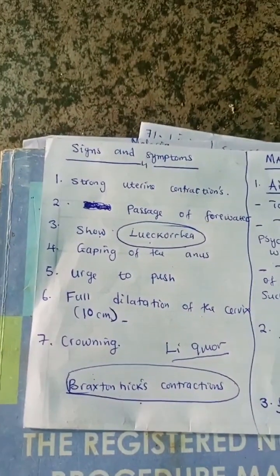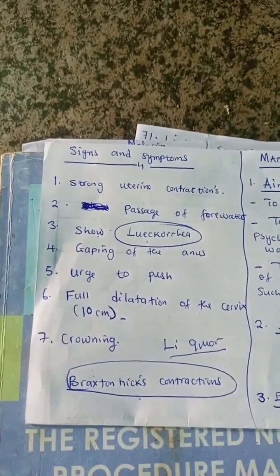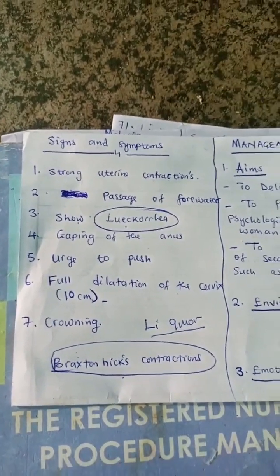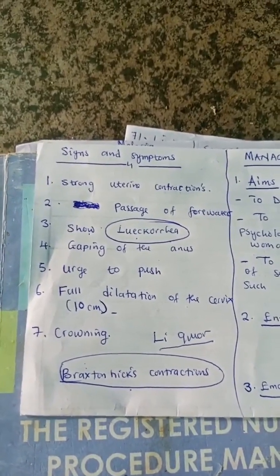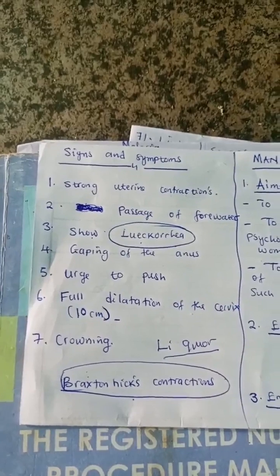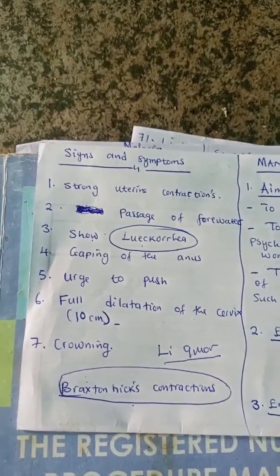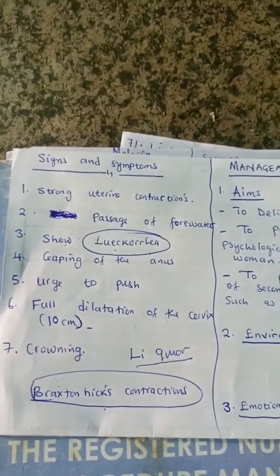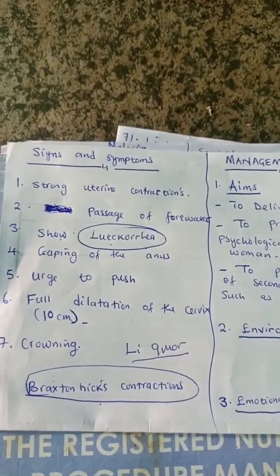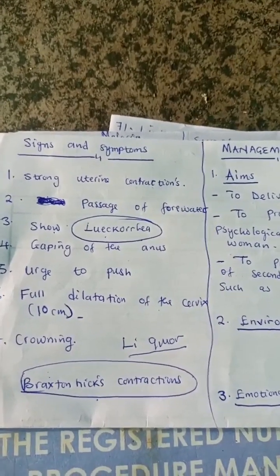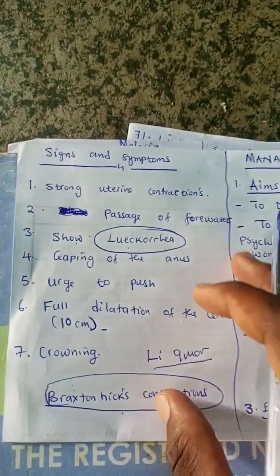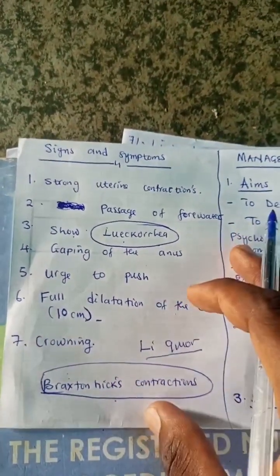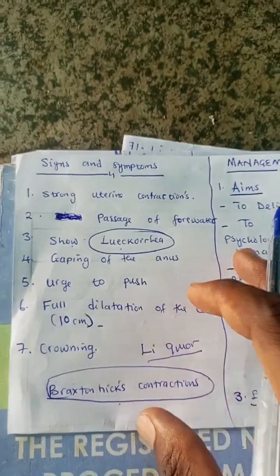So when you see the perineum or the anus bulging, it's a sign and symptom of second stage of labor. Due to the pressure of the fetal presenting part, which may be the head, against the rectum, some women may even pass what? Stool.